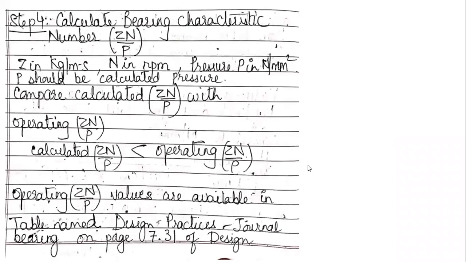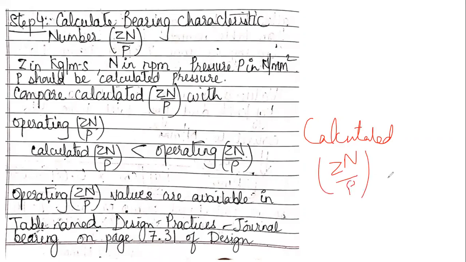Now, you should remember that our first step was that we calculated our Zn by P value, and we are going to compare it with operating Zn by P value, and the calculated value should always be less than operating Zn by P values.